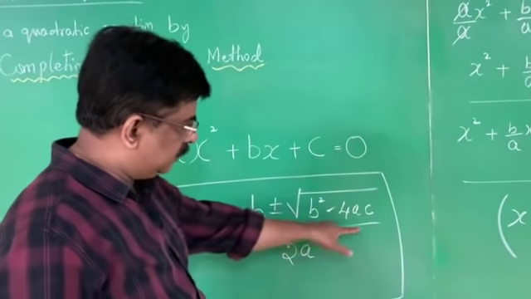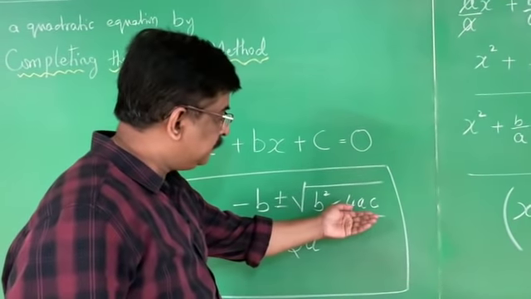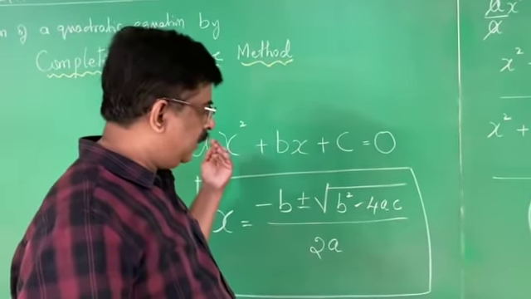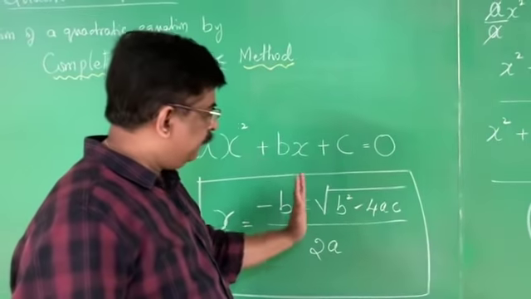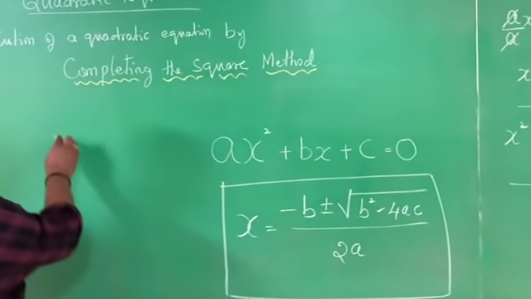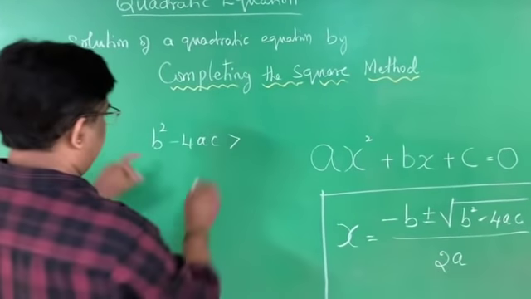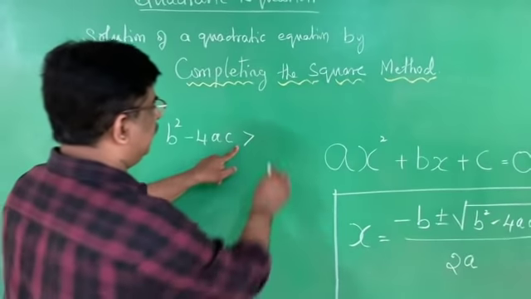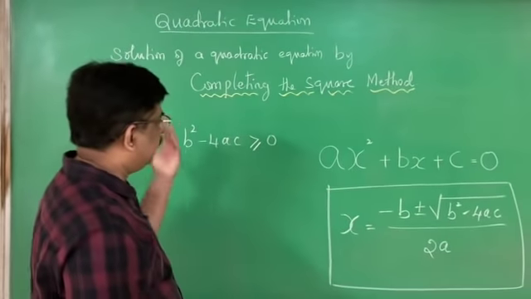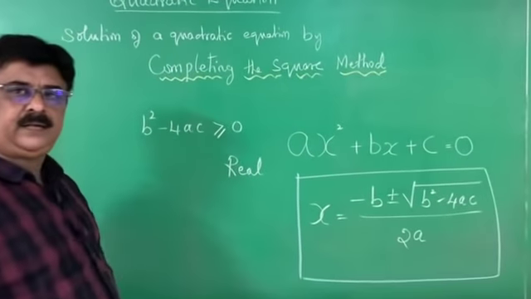Here you have to always keep in mind, in the formula x is equal to minus b plus or minus square root of b square minus 4ac whole divided by 2a, inside the root there is one term, b square minus 4ac. If it is positive, if it is more than 0, then it is a real root. If it is less than 0, then it is an imaginary root. If b square minus 4ac is greater than 0, sometimes equal to 0 also, roots are real numbers.